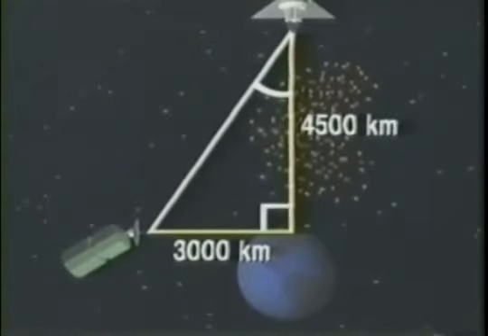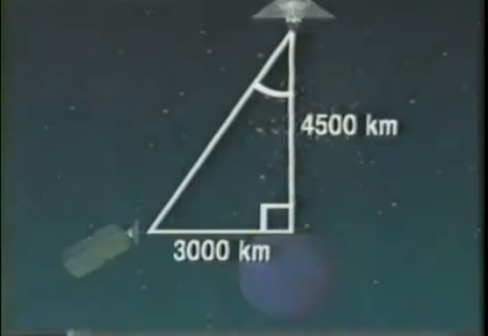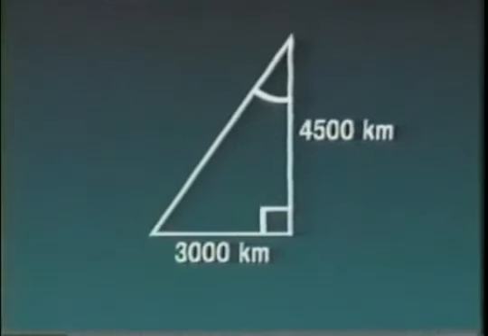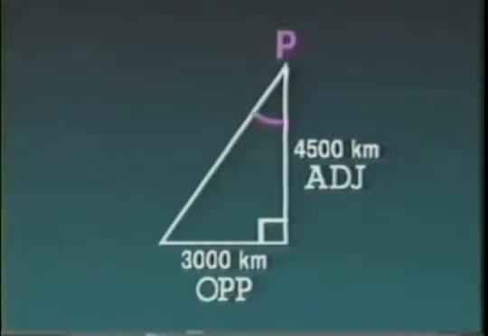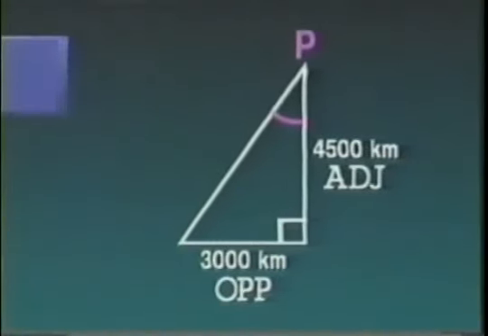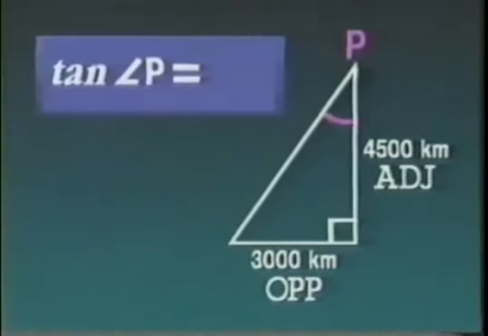GeoSat-4 to Capcom and Capcom to Probe 1 make a 90-degree angle. Working with angle P gives the opposite side and the adjacent side. The only trig ratio that uses both of these sides is the tangent ratio.